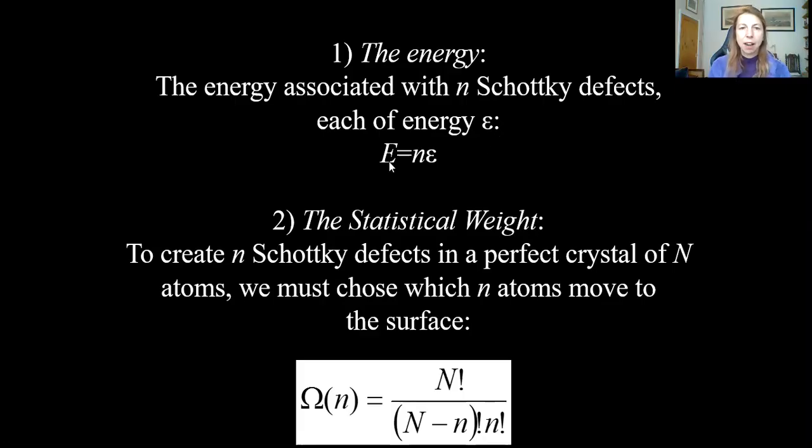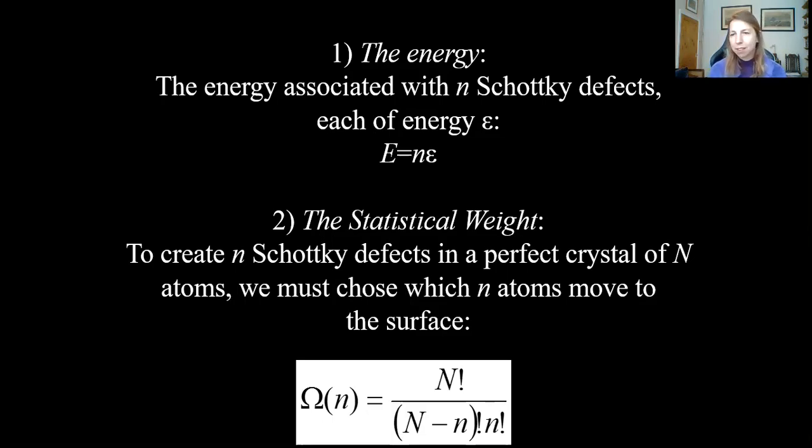So the energy of n Schottky defects is little n times little epsilon. So E equals nε. So we've written down the energy of our system, and we're in the microcanonical ensemble. So remember, the energy is fixed.